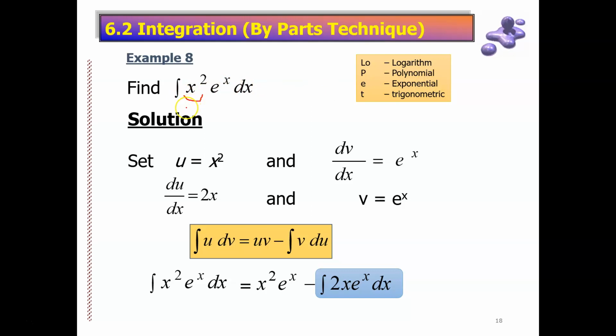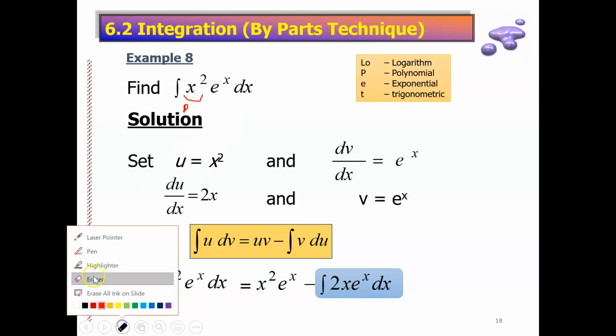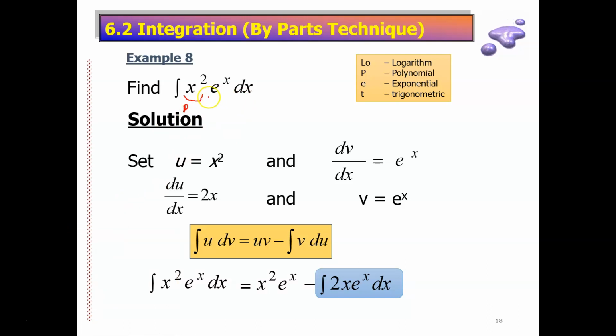This one is polynomial. P, polynomial. And e^x is exponential.